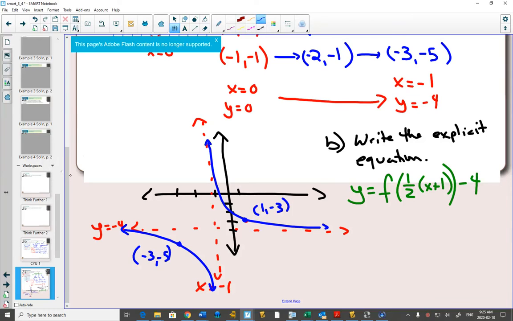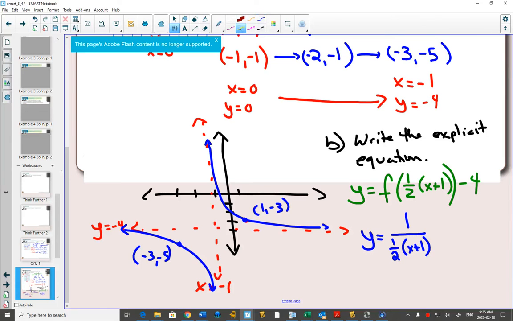So again, this is just practice changing from function notation to explicit notation. We knew that our original function was 1 over x. But now inside of the original function we have this. So the new equation, instead of 1 over x, you would now have 1 over 1/2 x plus 1.